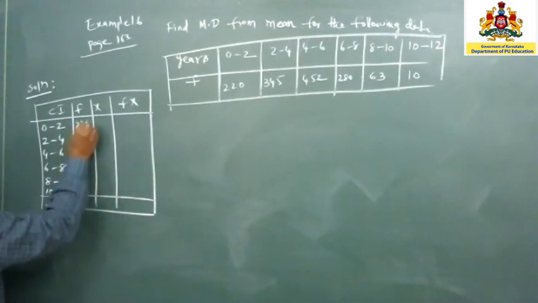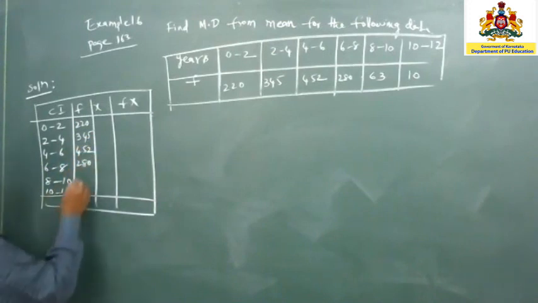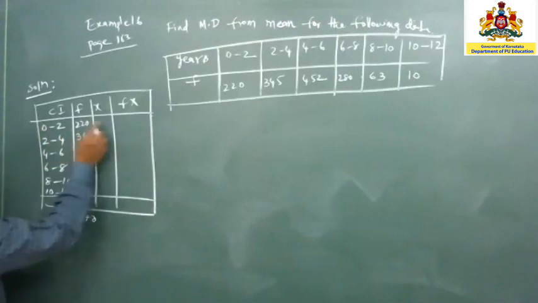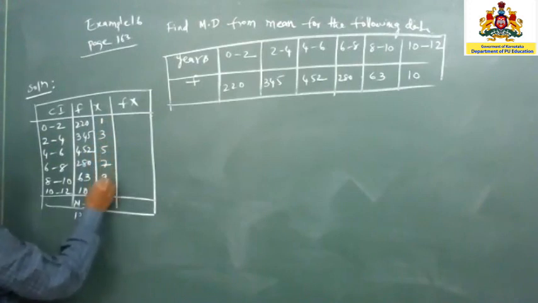Frequencies 220, 345, 452, 280, 63, 10. Total frequency is 1370. X values are the midpoints: 1, 3, 5, 7, 9, 11.